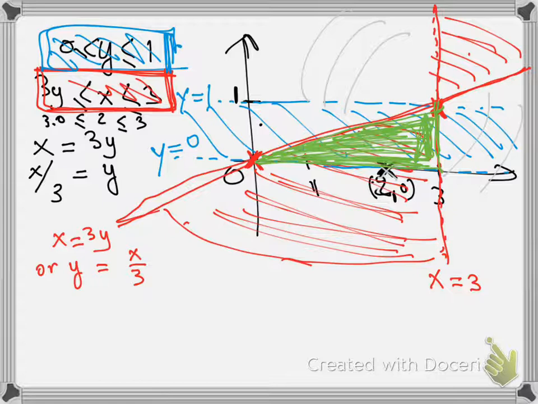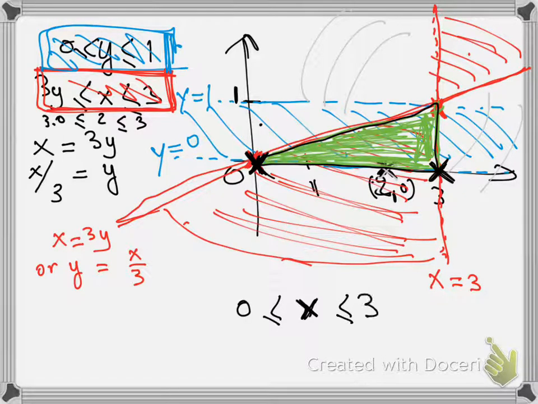Now, if I change the order of integration, so let's say I start with x. For this triangle, my x would be between 0 and 3. Now y is going to be between the line y equal to 0 and below this line here.